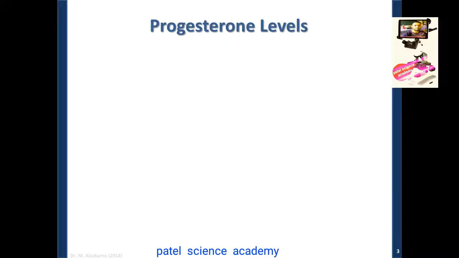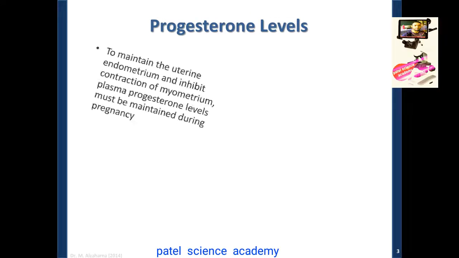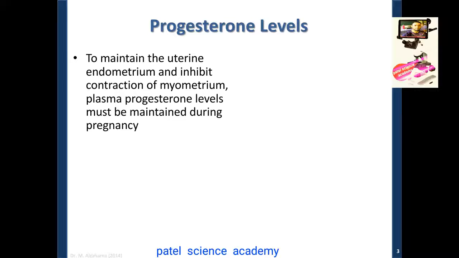Then we'll see what happens with the levels of hormones like progesterone, and what changes take place in the female ovary. To maintain the uterine endometrium and inhibit the contraction of the myometrium, plasma progesterone levels must be maintained during pregnancy.